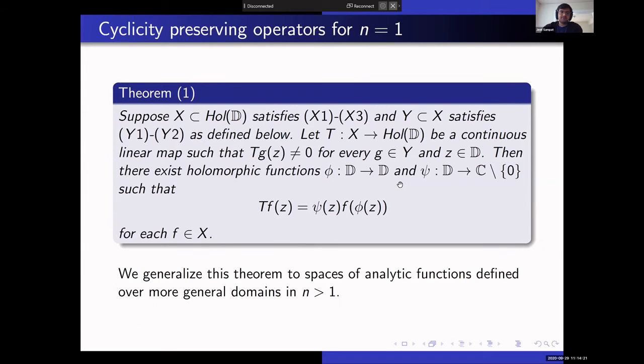So that was the motivation, and the main point of this talk is going to be trying to generalize this theorem for more spaces of analytic functions and also over other domains, not just the unit disk or the polydisk.